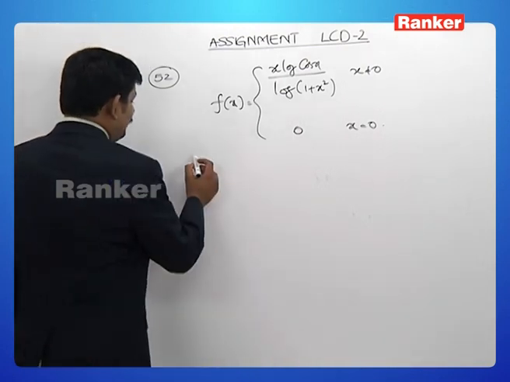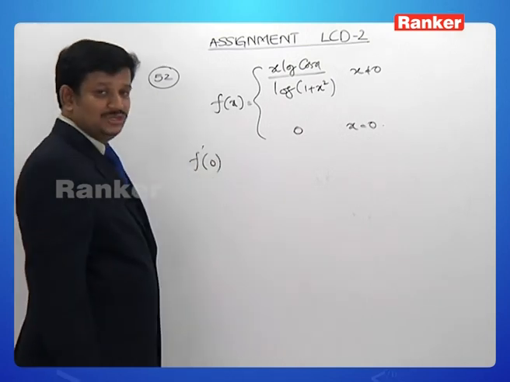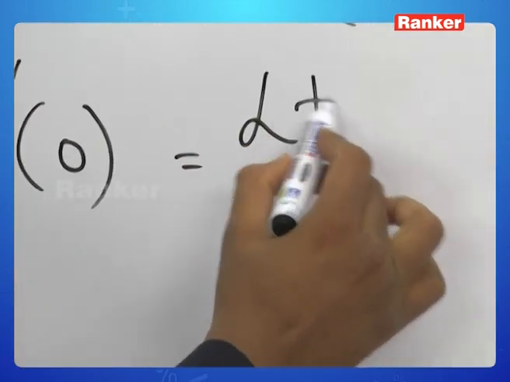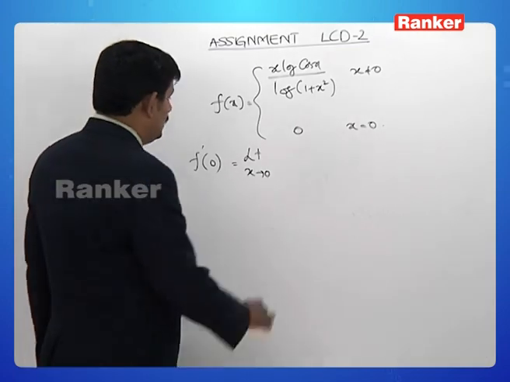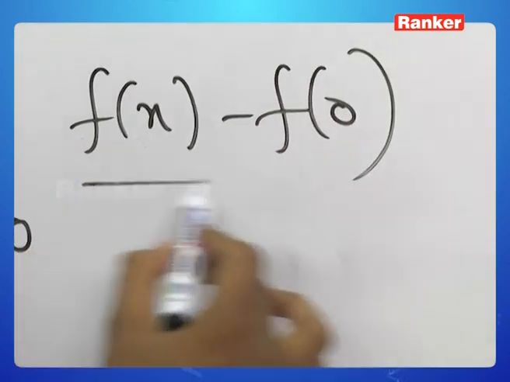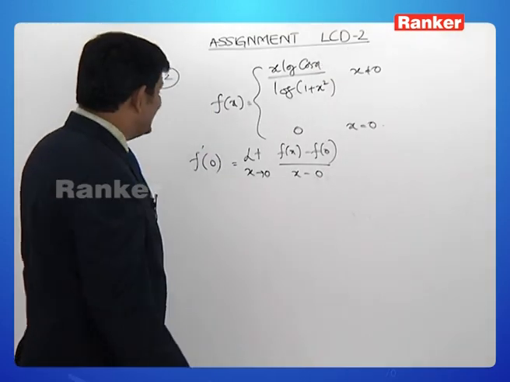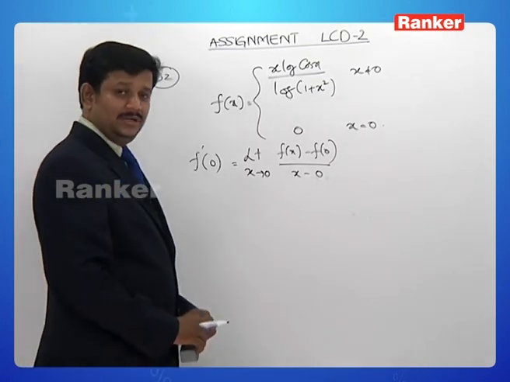Now, let us check differentiability. For differentiability at 0, limit x tending to 0 of f of x minus f of 0 divided by x minus 0, this limit should exist and it should be finite.